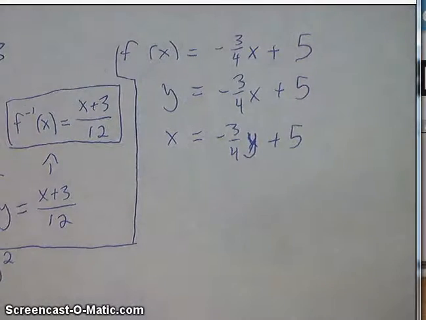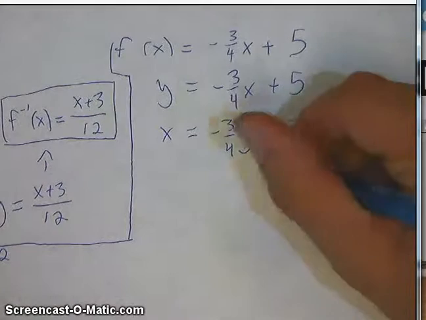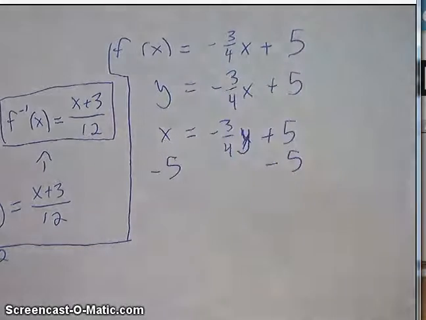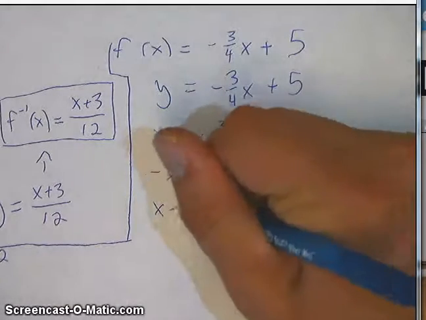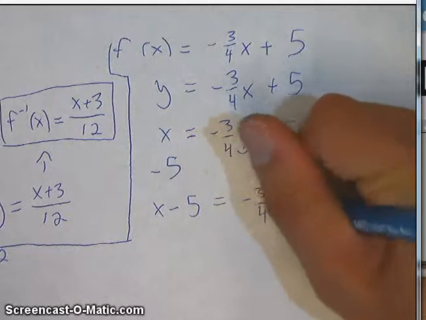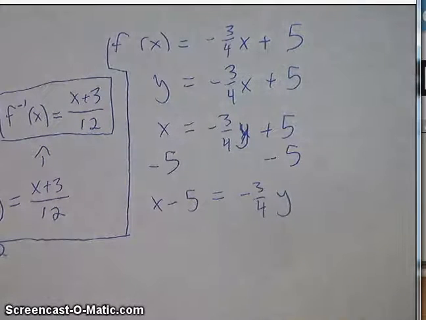So I exchanged the x and the y. That's a y. Sorry about the sloppiness. And now we're going to solve for y. We're going to get that y by itself. So let's subtract 5. I'm going to have x minus 5 equals negative 3/4 y. Now, fractions are a thing that sometimes people get tripped up with.